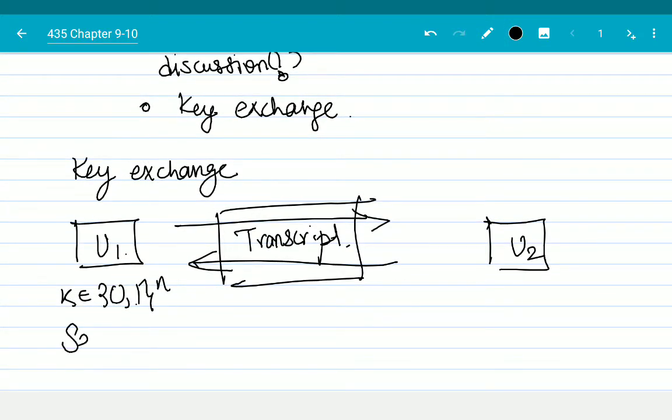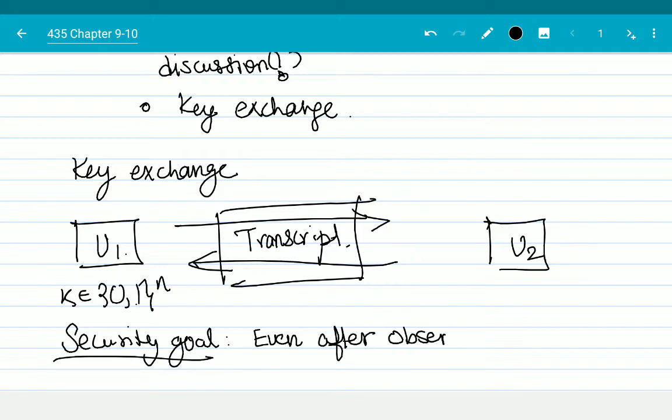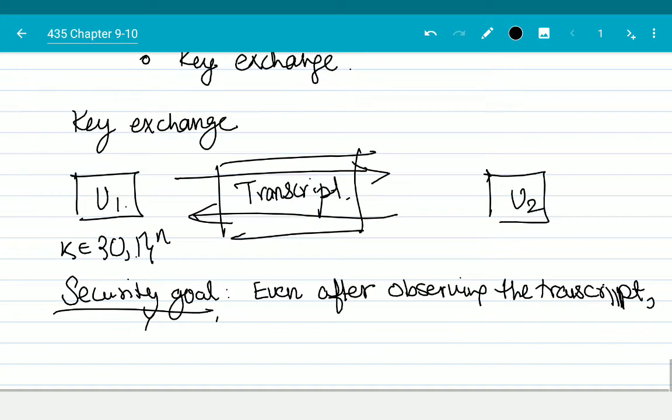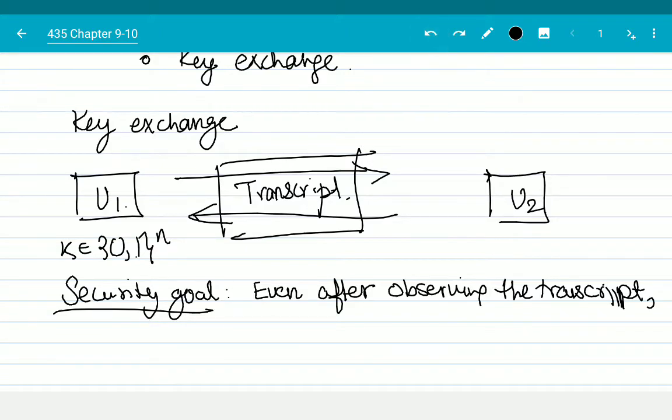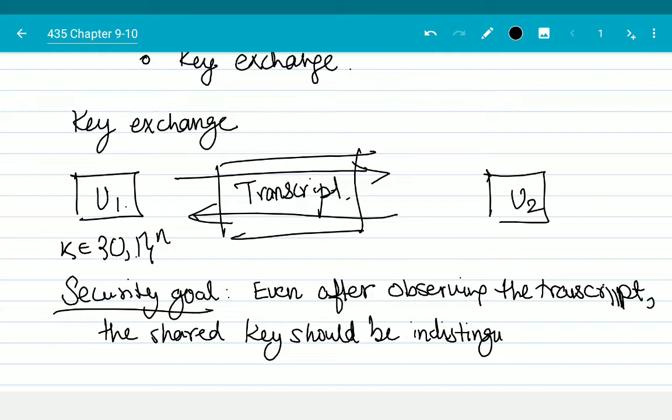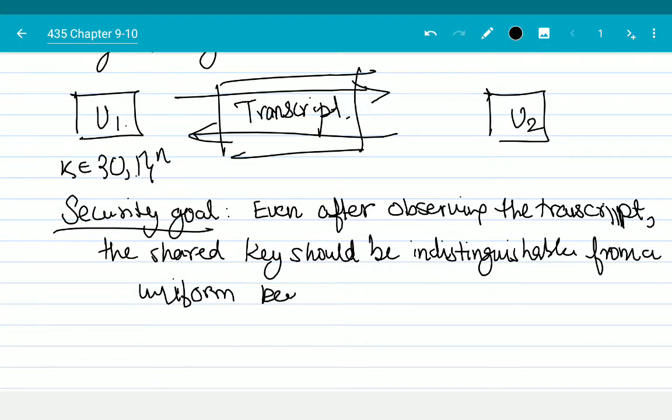But the security goal is that even after observing the transcript, the shared key should be indistinguishable from a uniform key.